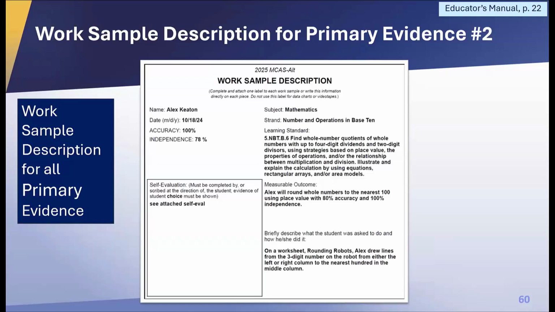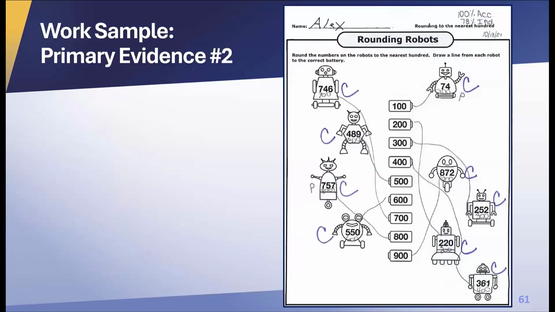And again, if you have time, sometimes your students come in late in the year and you won't have time to do extra. But if you have time to put in an extra piece of evidence, that's fine. And so there's the student's actual evidence, and you can see all the information is on there. So that's primary evidence.